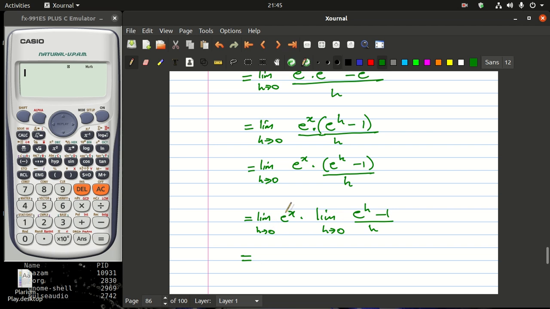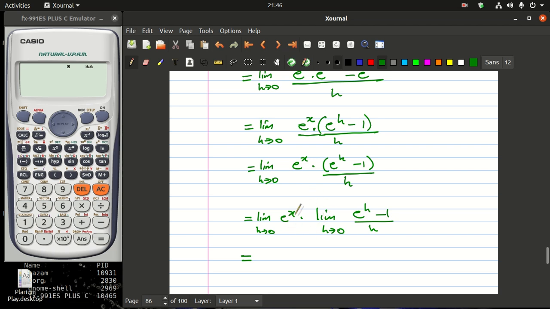But if this limit does not exist, or this one does not exist, we cannot use that rule of splitting the limits. We only use it when the limit exists. If this limit does not exist, it does not mean that this whole limit cannot exist. It just means that we cannot use that rule. We need to try another method.